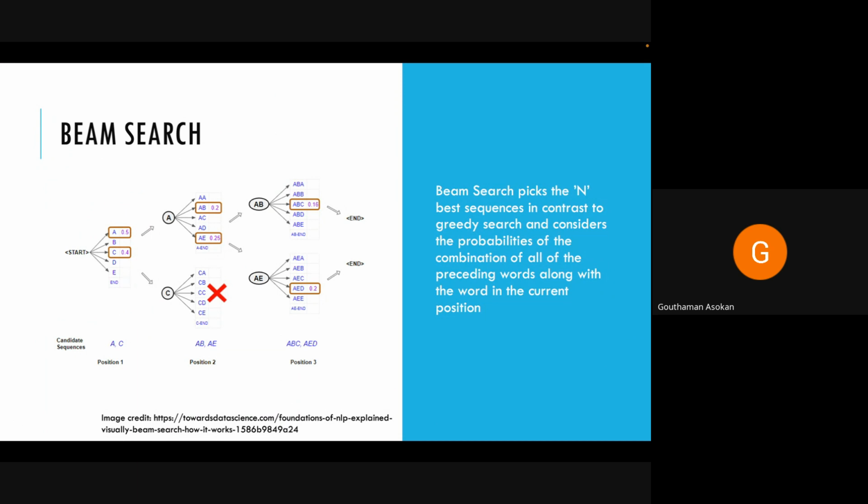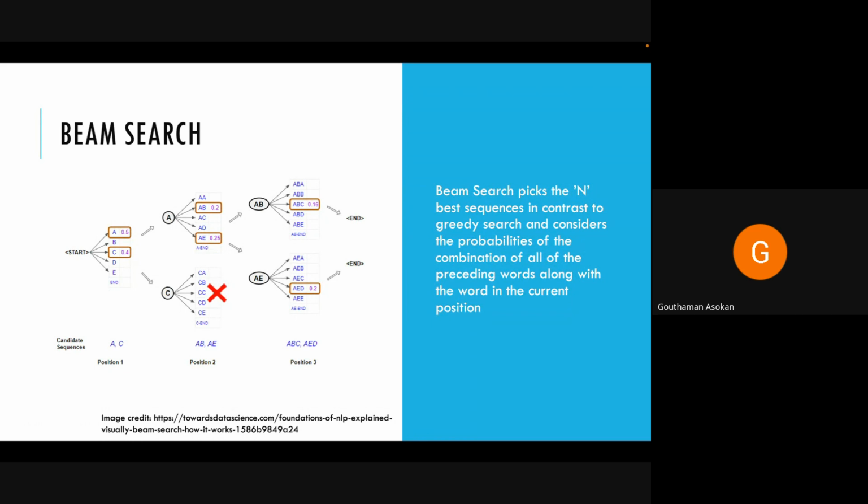Based on those beams, it will look at the probabilities and choose the sequence. This is different from greedy, because greedy just picks the highest probability. Here, the number of beams that we specify chooses the number of pathways that we can be choosing. So in this case, let's take for example that we specify a beam search of two.